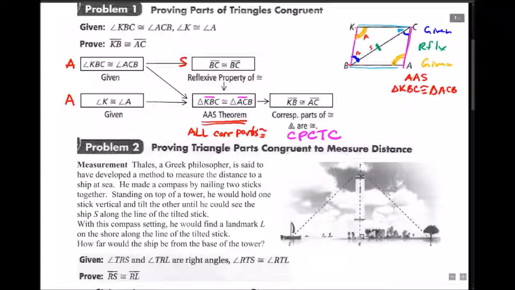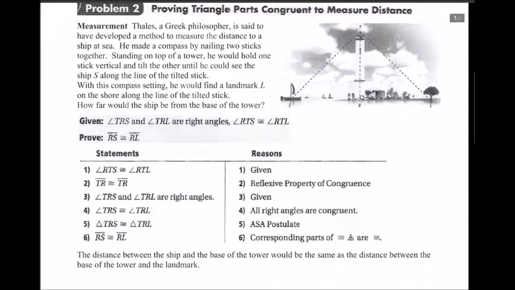Angle KCB and angle ABC. Those 2 angles are not marked, but because our triangles are congruent, we know those angles are congruent now. So that's all we are doing, is we are making our triangles congruent so that we can make all of the sides and all of the angles congruent, so that we can say that unmarked sides and angles are congruent as well. So let's look at an example of this, and this is one that entertains me quite a bit.